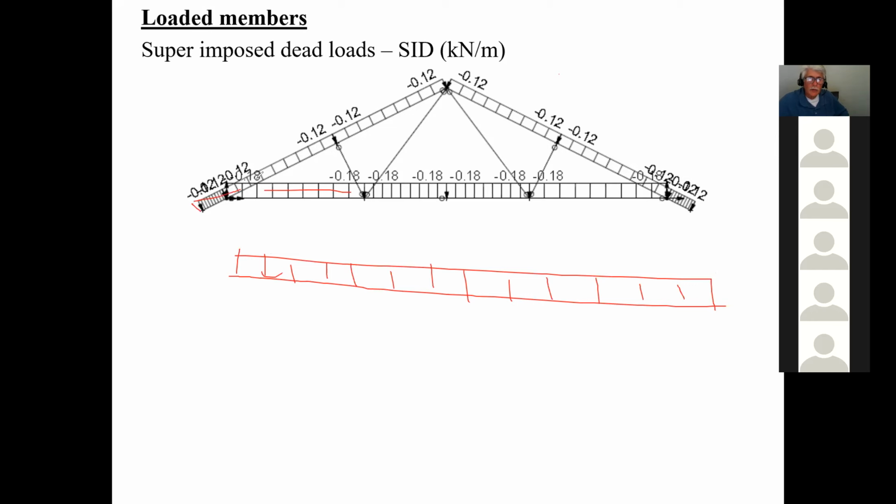But here, if the force is actually acting perpendicular to the member here. Okay, so in ADA there's an option here where it says strong axes, and you choose that one, and ADA will put it perpendicular to the member. Okay, and that's how you specify this angle in ADA for the loads. Okay, so that's for the dead load.